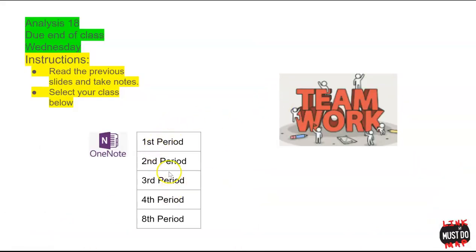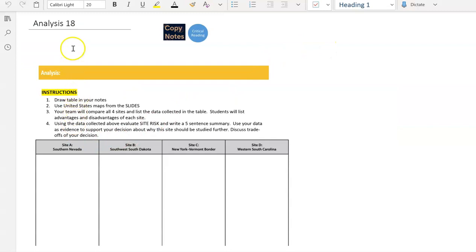So there'll be a link here to your class where you're going to open it up and do that. It will take you to this link for analysis 18. You'll be drawing this table in your notes, and you'll be using those maps we just saw on the slides. You can work with the team. You will all compare the 4 sites and list the data collected in the table that you've created in your notebook.